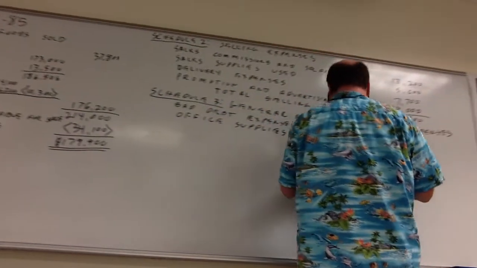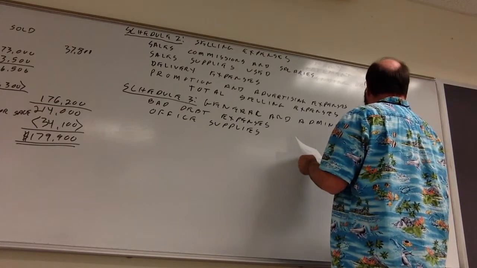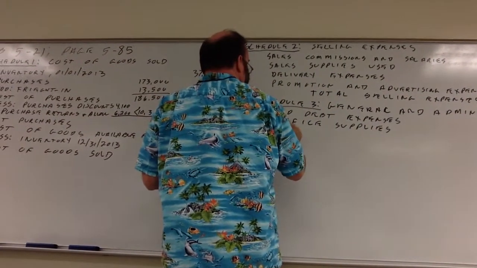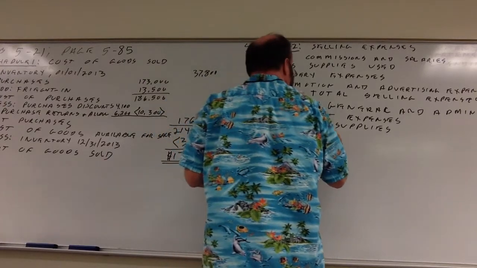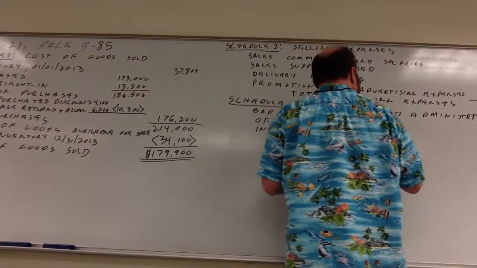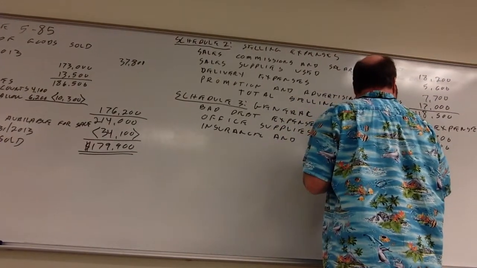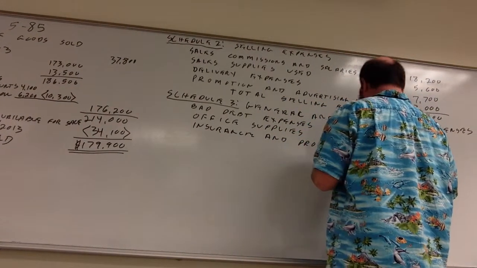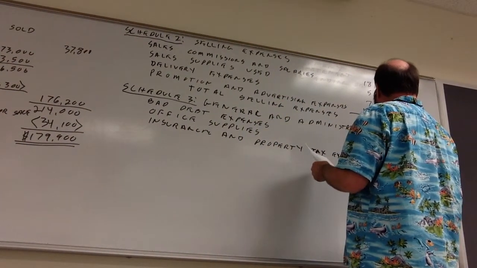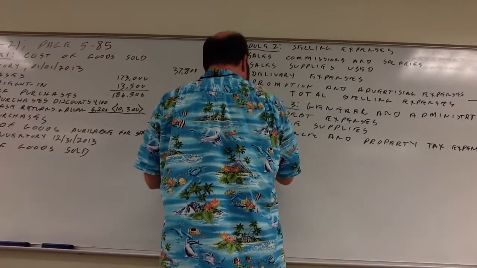So bad debt expenses were $2,700. Office supplies were $1,400. Insurance and property tax, $8,500. And general administrative salaries, or office and administrative.